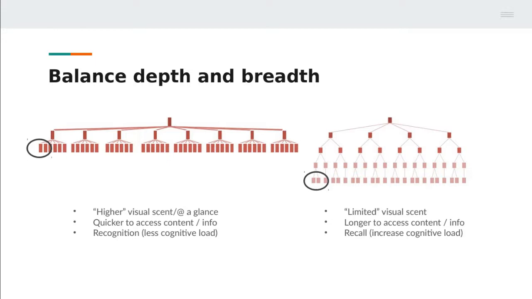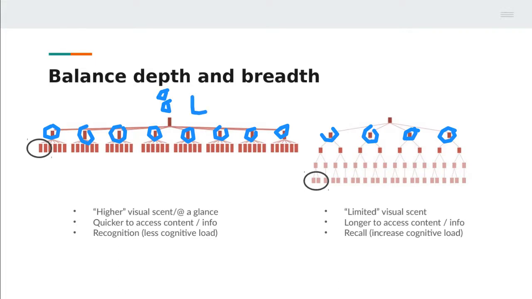So we have a lot more items at this level, versus the same structure that has 1, 2, 3, 4. It depends on the way they structure and group their site, and the way they create the tree. Here we have 1, 2, 3, 4, 5, 6, 7, 8. They have 8 L1.